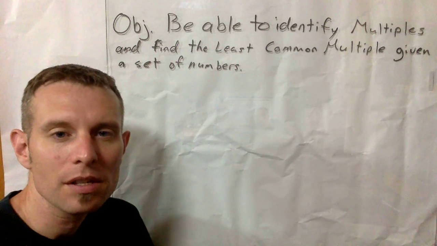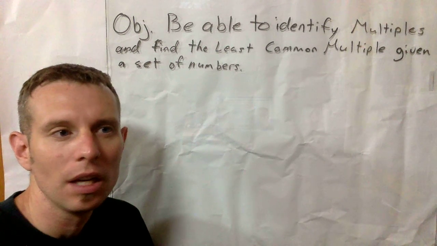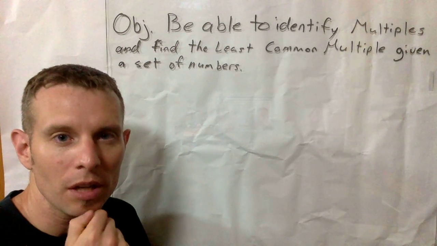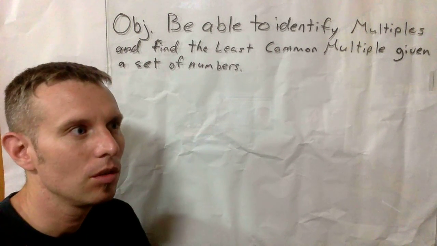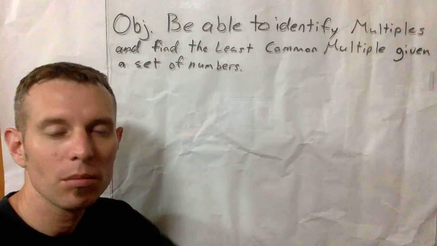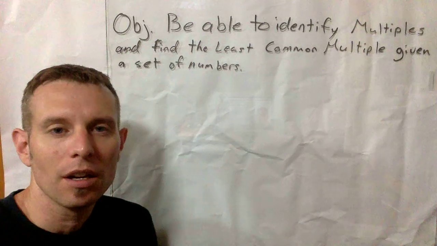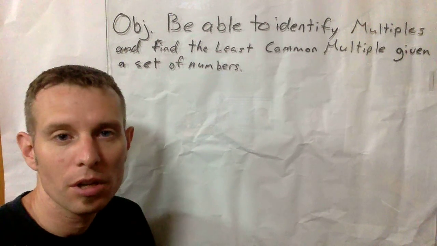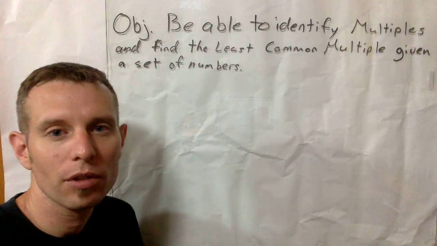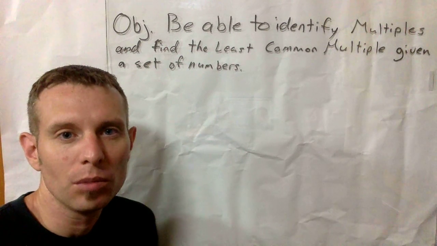So when we have a set of numbers, for example, two or more different numbers, then sometimes eventually when you think of all of their multiples, they will share common multiples. They will share more than one, but we're looking for the least common multiple.